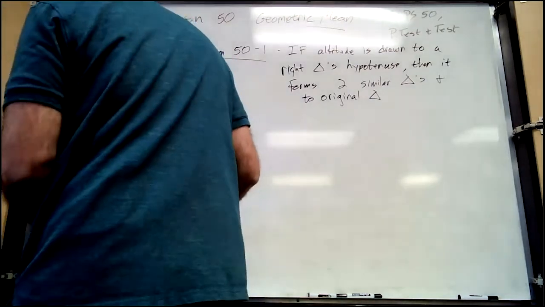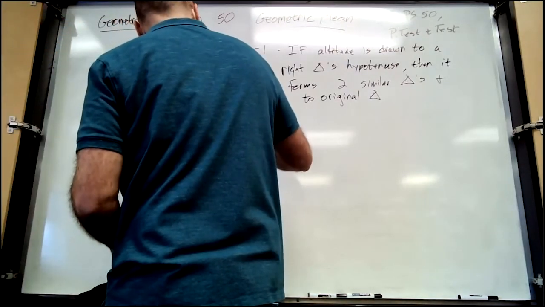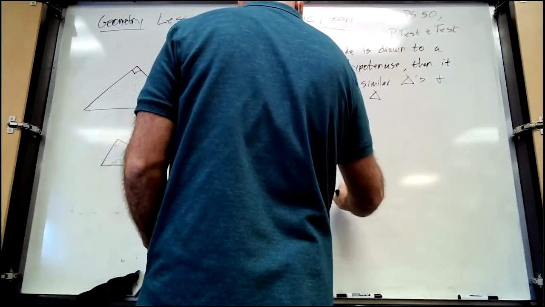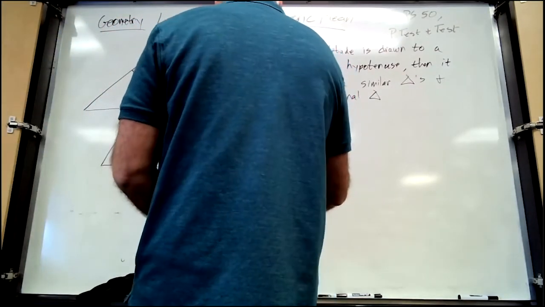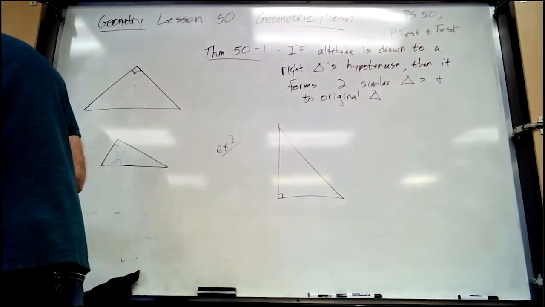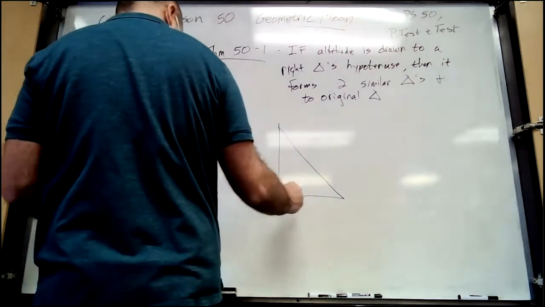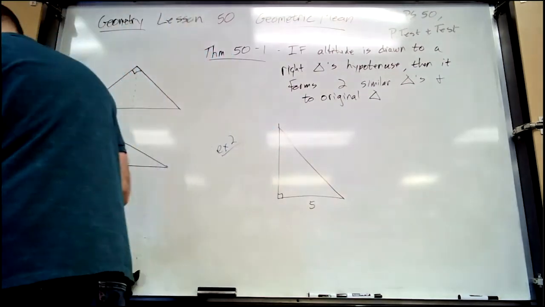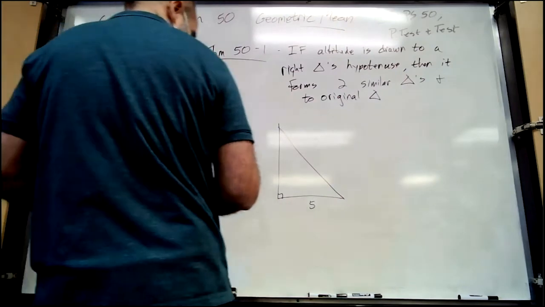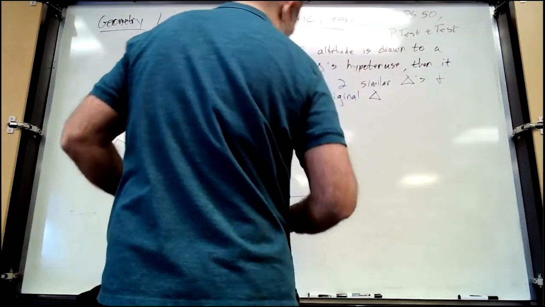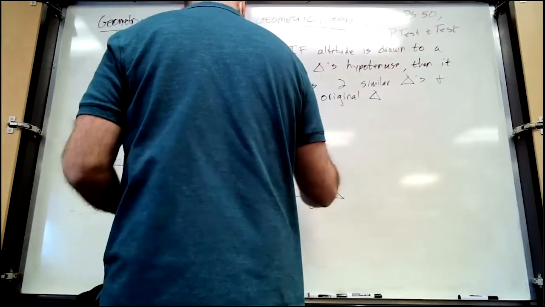Okay, this is example 2. I'm going to just redraw it here. So here's a right triangle. For the dimensions, I'm just going to say this side is 5 units. I'm going to draw an altitude there.